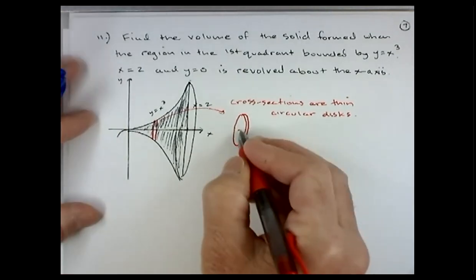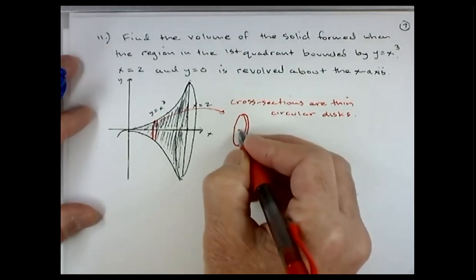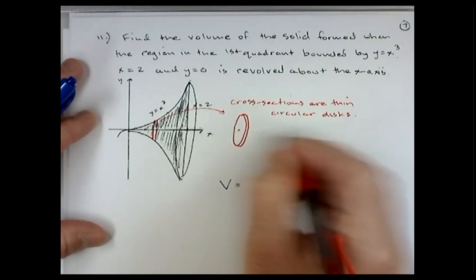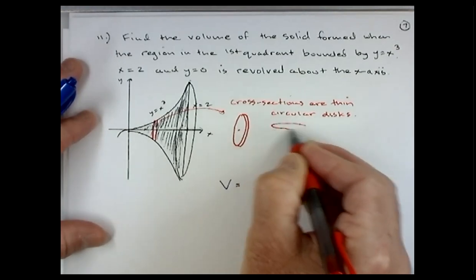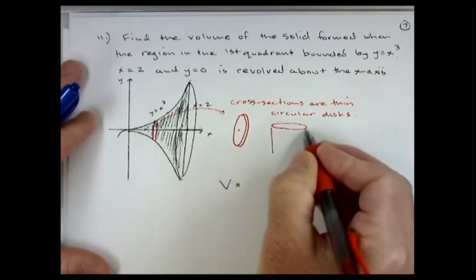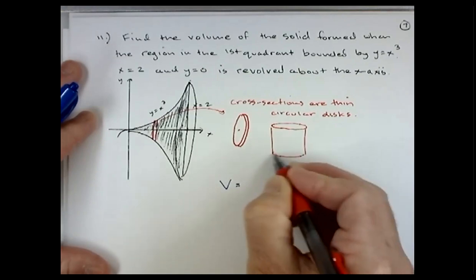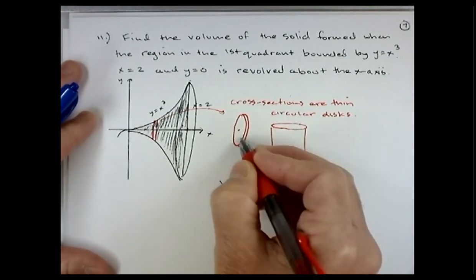Now, we do need to refresh our memory on what is the volume of a disc like this. Think of this as no different than a cylinder squashed down and turned on its side, right?